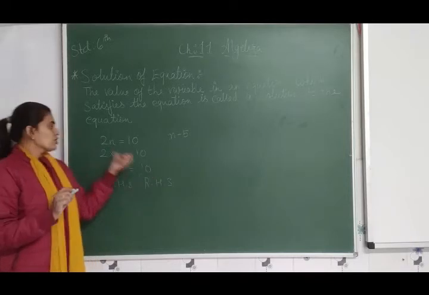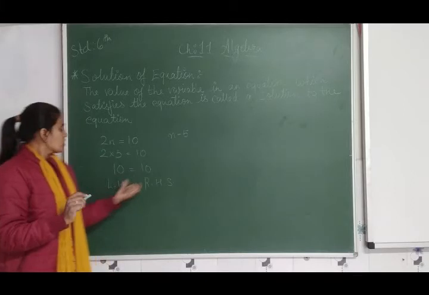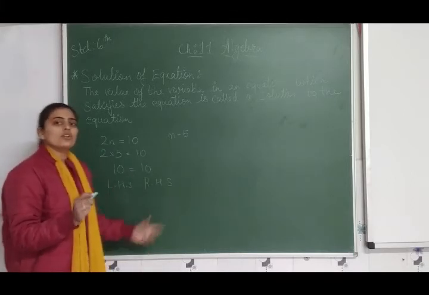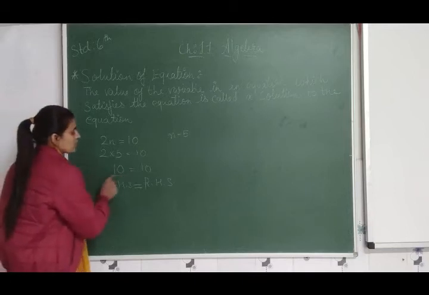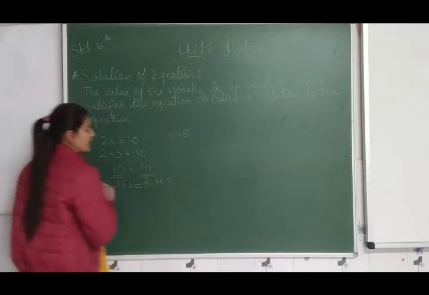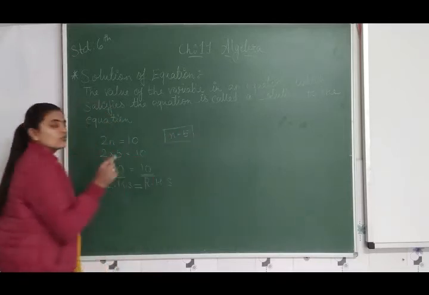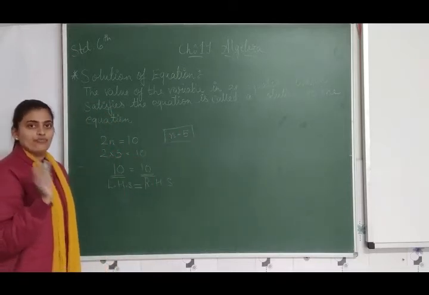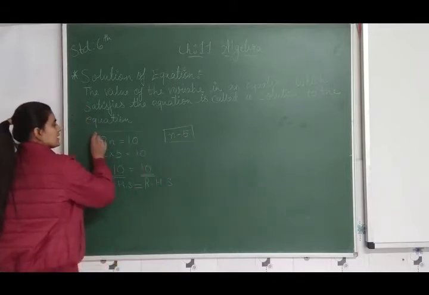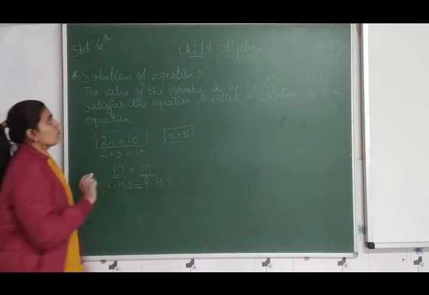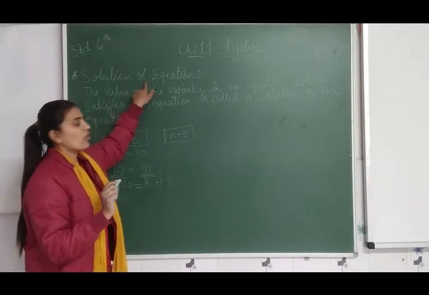So LHS and RHS are becoming equal. Here this is also 10 and this is also 10. That means if you take the value n equal to 5, then it will satisfy this equation. So n equal to 5 is the solution of the equation.